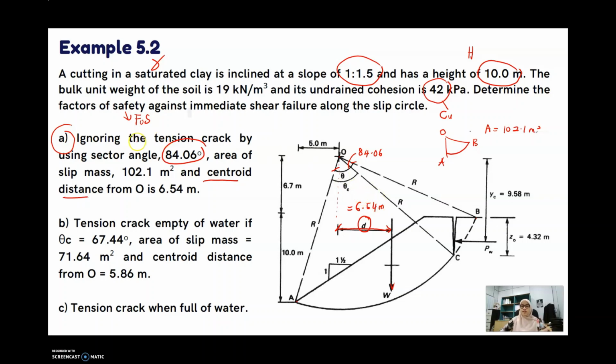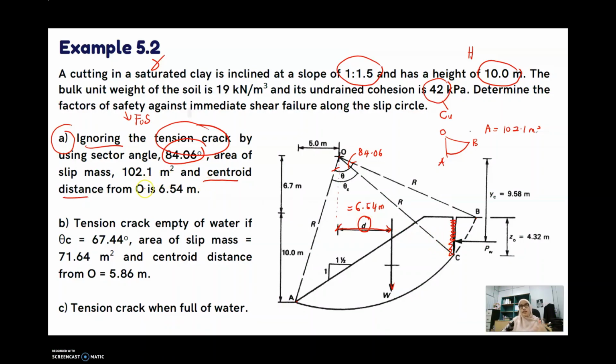So this is the first condition that you need to tackle: ignore the tension crack. It means we consider that this slope doesn't have a crack here, that is, the original slope.